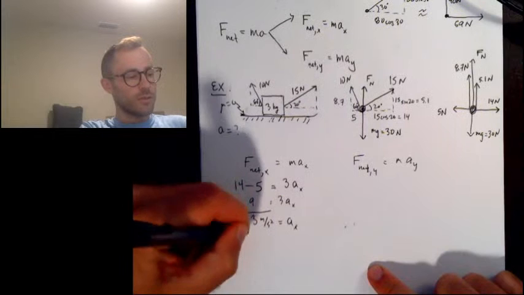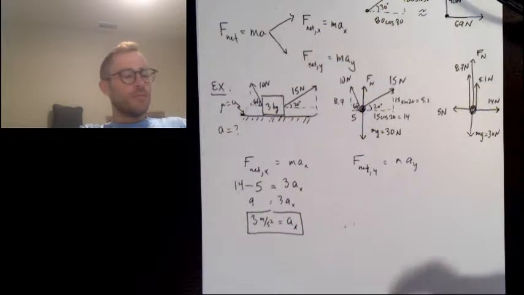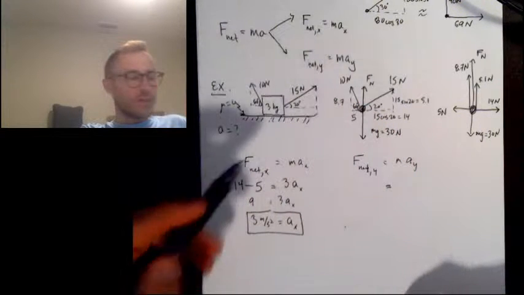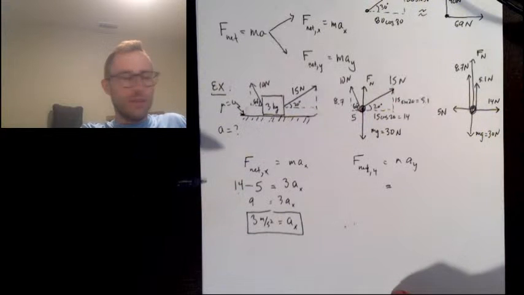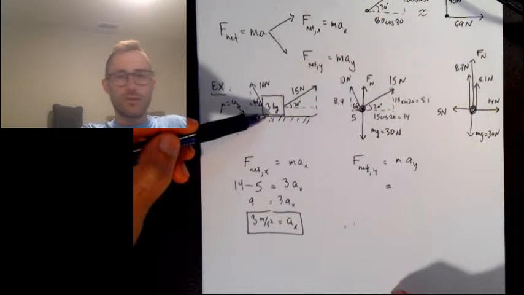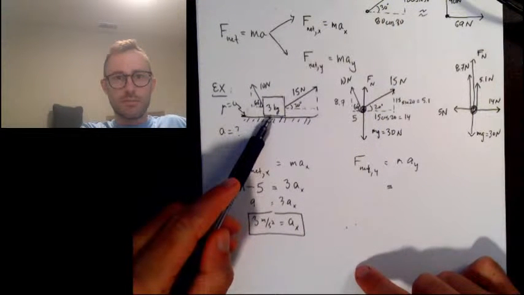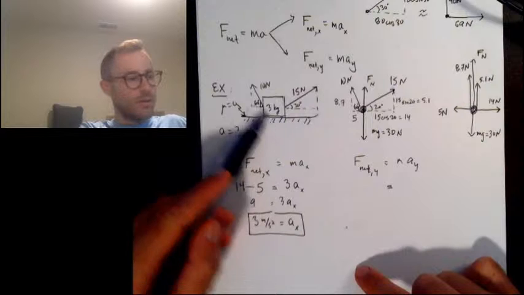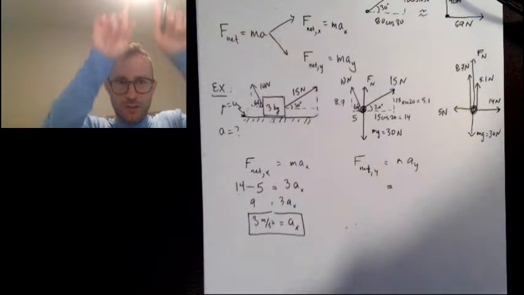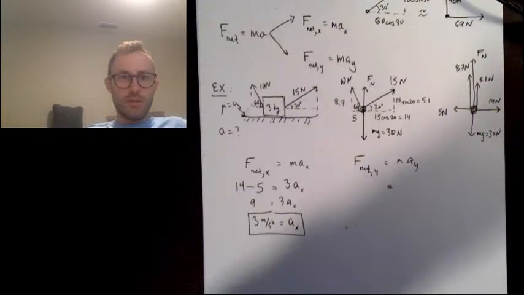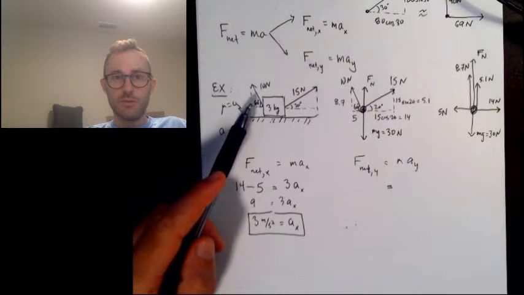Now, what is the acceleration in the y direction? Well, you would need at least 30 newtons of force going upward in order to lift this box. These two forces combined, even if they were both pointed in the exact same direction, upward, they could only combine to a maximum of 25 newtons.